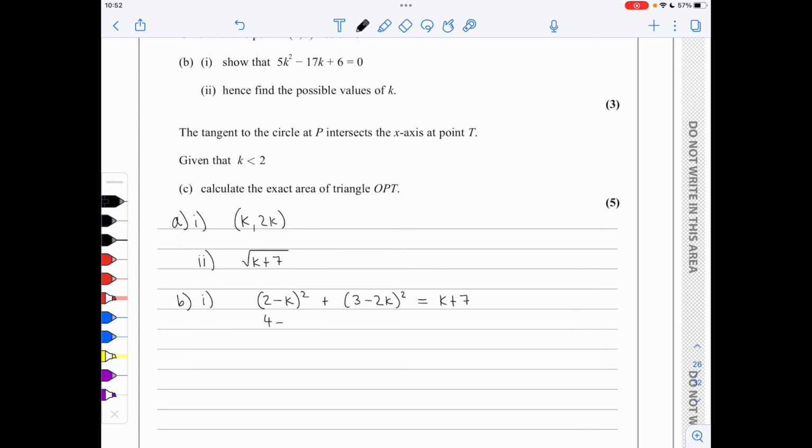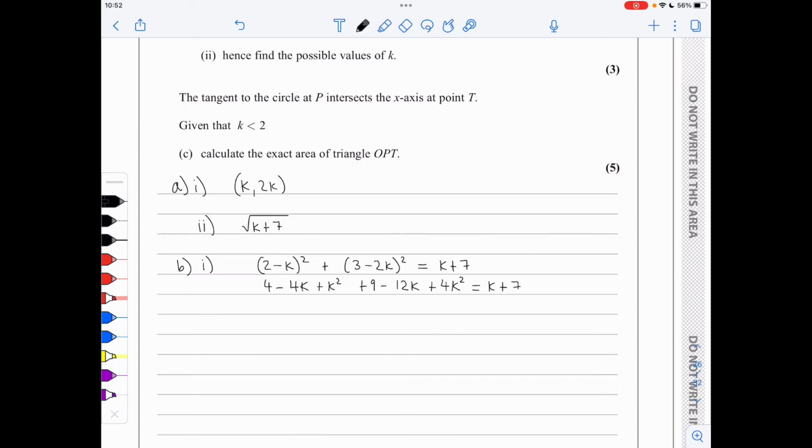So 4 minus 4k plus k squared plus 9 minus 12k plus 4k squared is equal to k plus 7. And I will collect everything on the left hand side to get 5k squared minus 17k plus 6 is 0, which is exactly what I had to show.